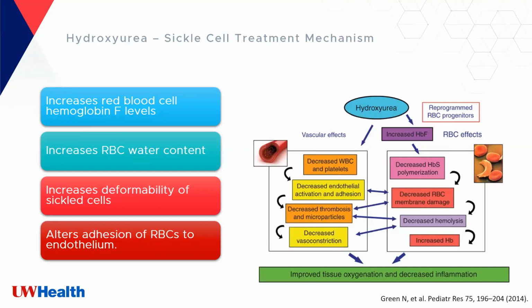But specifically with sickle cell disease, the two main pathways or effects are vascular effects and red blood cell effects. So it increases the red blood cell hemoglobin F levels, which is a positive for our sickle cell disease patients. It increases the red blood cell water content, increases deformability of these sickle cells, and also alters the adhesion of red blood cells to the endothelium, all of which constitute positive outcomes for our patients in this setting.